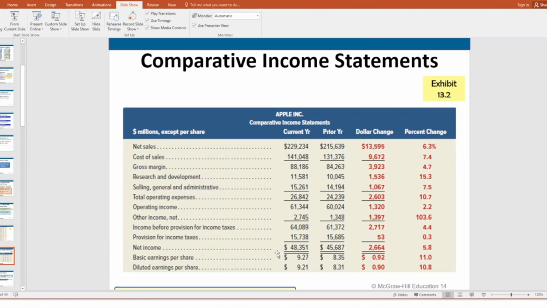An example would be our gross margin is a certain percent of our sales. Our research and development, 11,000, is a certain percent of my sales. So it's comparing each thing on here to one other number on the same column. Okay, that's vertical analysis, and we'll be doing some of that.